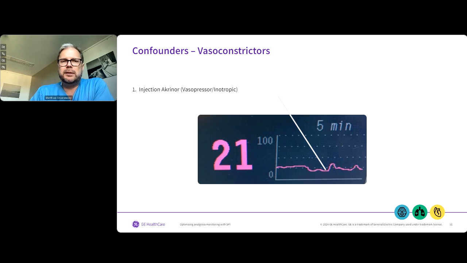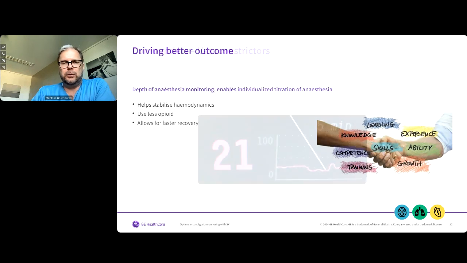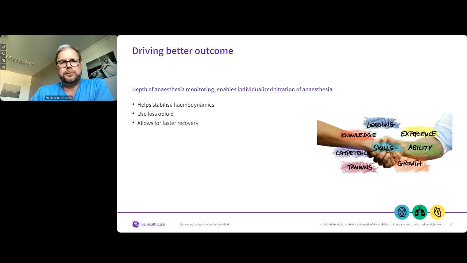We experienced a young patient receiving quite higher doses of anesthetics than we used in our routine clinical practice without those monitoring devices. These are just single patients, but we do have patients where underdosing is an issue, and this could also be avoided by using those monitors.